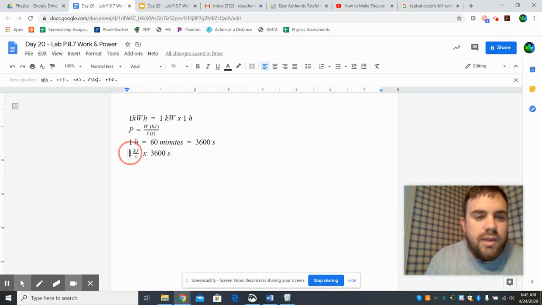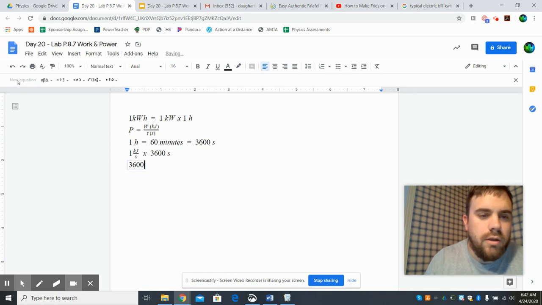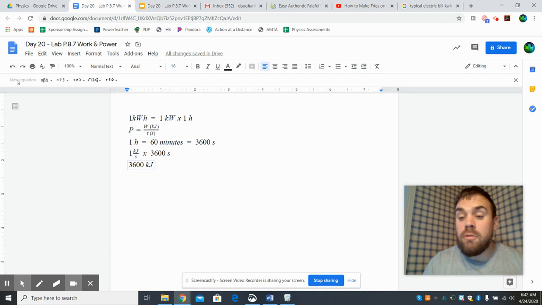This is basically what a kilowatt hour is: 1 kilojoule per second times 3,600 seconds. And when you do that, you're going to be left with 3,600 kilojoules. So that's how many kilojoules are in 1 kilowatt hour.